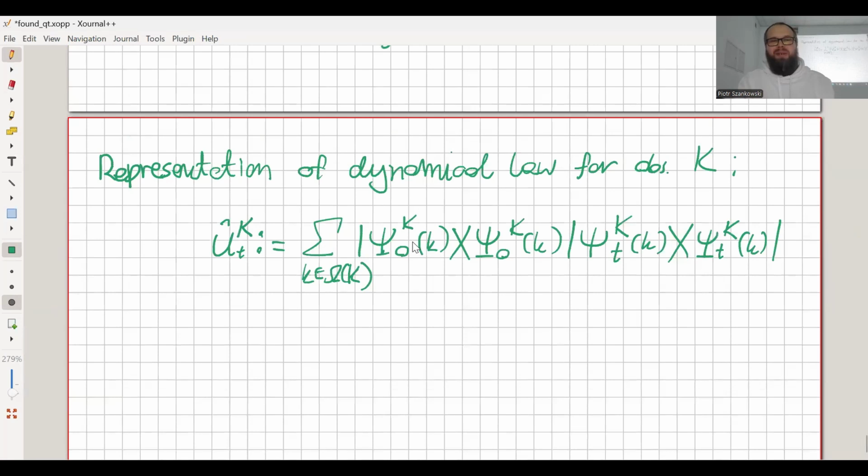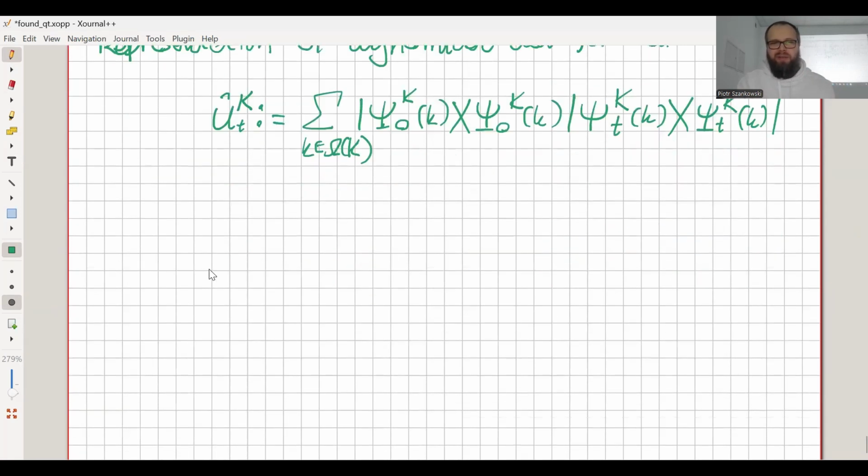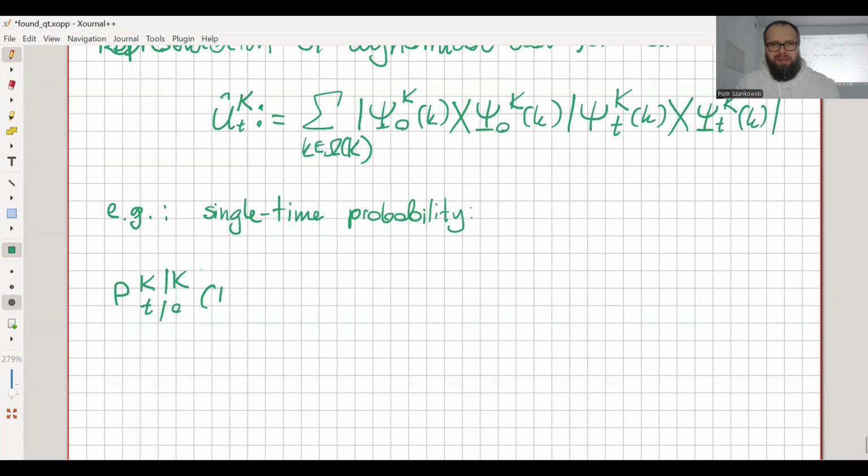So once we have this parameterization, this representation with unitary evolution, we can, for example, write down a simple single time probability. So if we take p(k, t | k0), right?